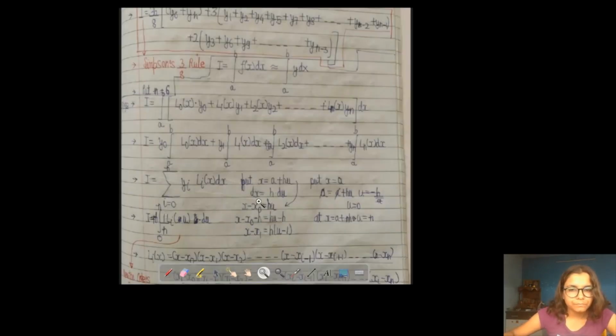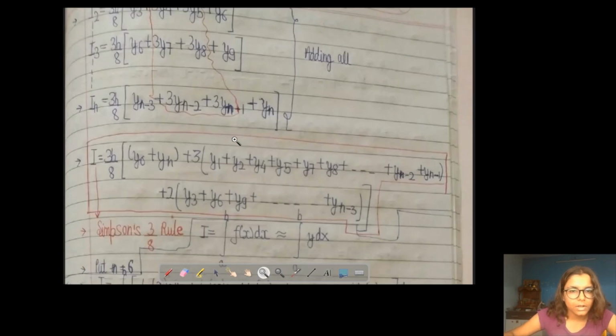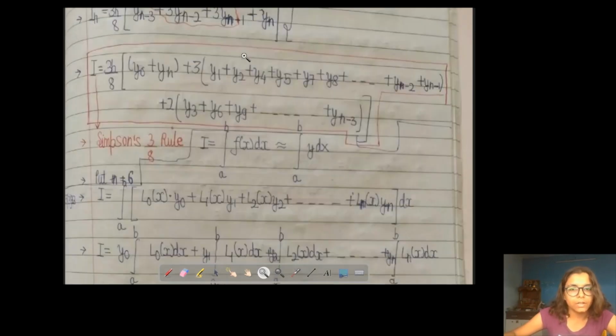After replacing all the y terms, we would add them and create another general term, that is Simpson's 3 by 8 rule.